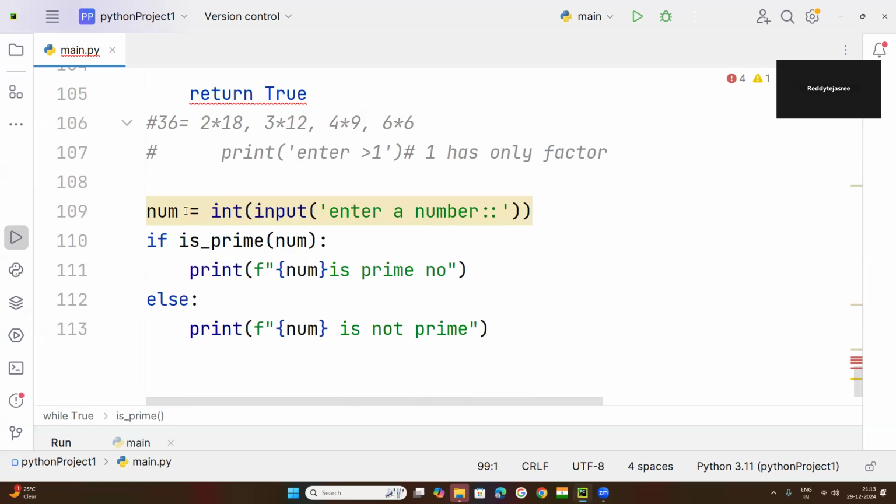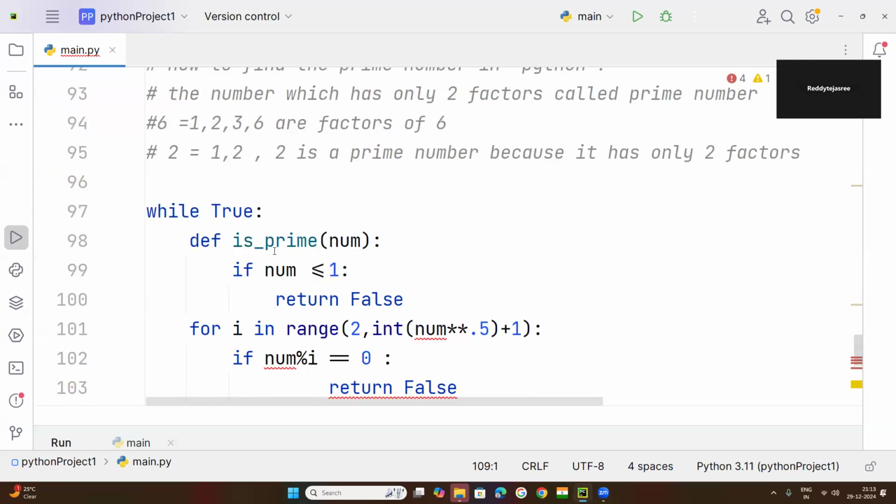Okay, this number, I want to cut this number. Where should I keep this number? That's why it is not being defined, while true.